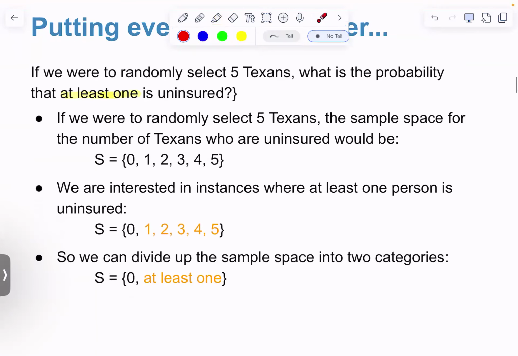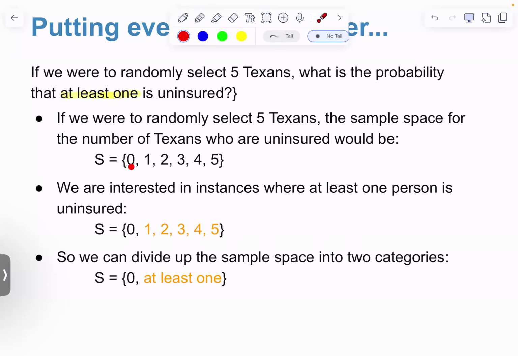So if we were to randomly select 5 Texans, then you have to be careful with your sample space. Because the number of Texans who are uninsured could be 0, and everyone always loves to forget about the 0. You could sample 5 randomly selected Texans and they all have health insurance.